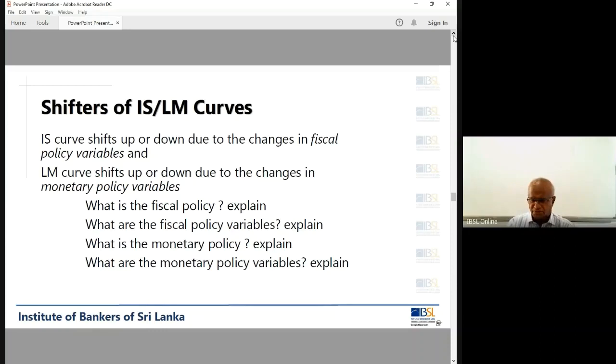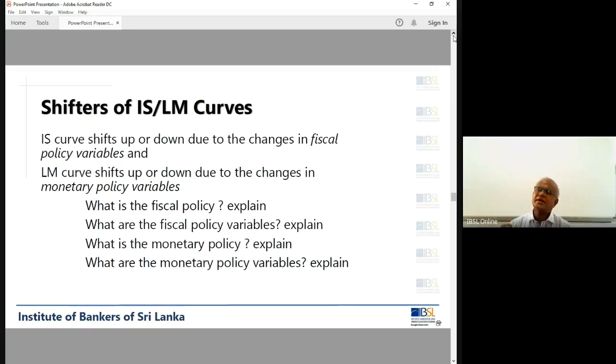Now, for demand management, economic policies can be broadly classified into two groups: fiscal policy and monetary policy. Fiscal policy is mainly related to the government budget, government expenditure, government revenue, and taxation.